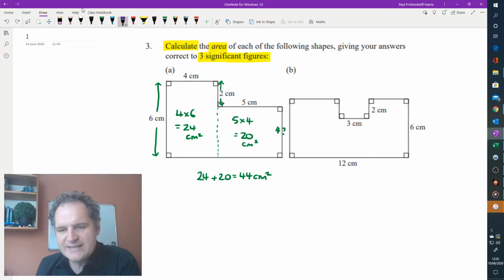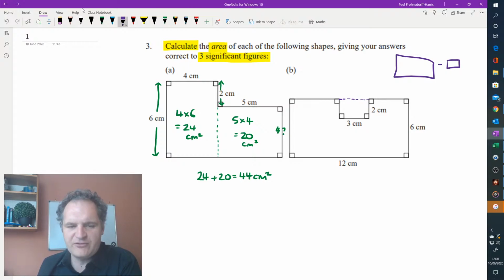What I'm instead going to do is I'm going to do this bit, and I'm going to do the whole of the outside thing. Then I'm going to do the small bit, and I'm going to take it away. In the first one, I did the 2 separate bits and added them. In the second one, I'm going to do the whole of the big bit, and then the whole of the little bit, and take them away.